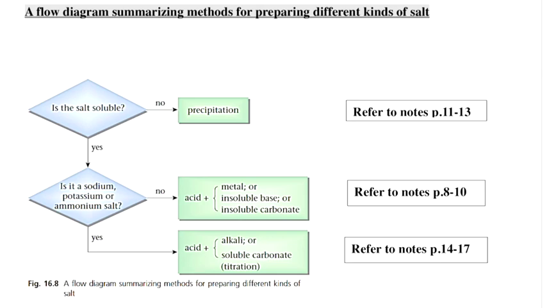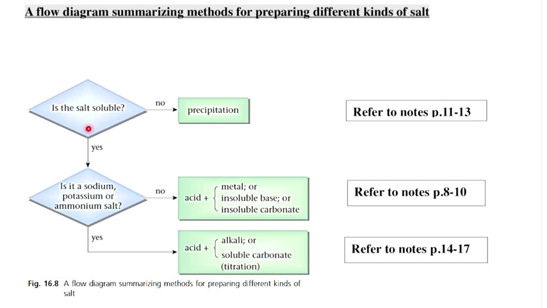Here is a summary of what we have learned in this unit. So in order to work out the best method to prepare the target salt, we can use this flowchart to help us. So first, you need to ask yourself the question, is the salt that you want to make a soluble salt or not?